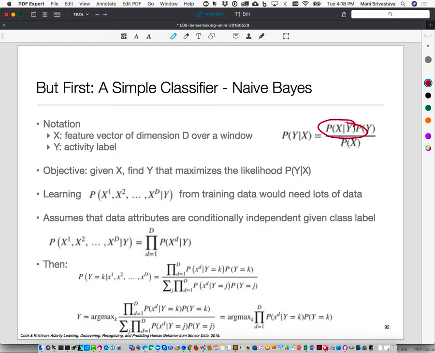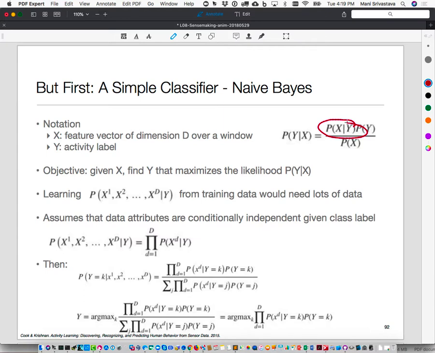While it is possible that each xi can take 10 values, making it 10 to the power d, maybe not all those combinations will exist. But if I'm only looking at each one of the 10 values of x1, they may still occur. So breaking it like this helps tremendously, and then our problem becomes finding the y which maximizes P(y given x), which translates into maximizing this particular term.